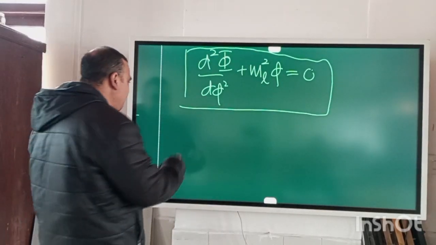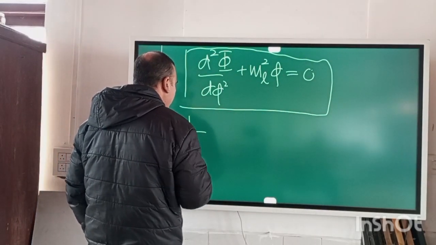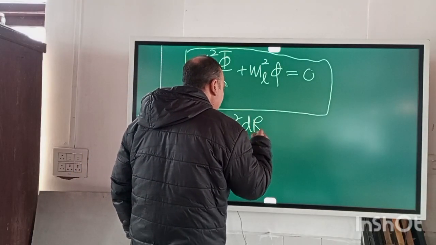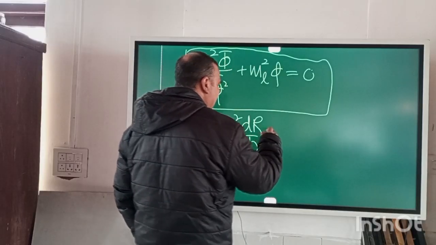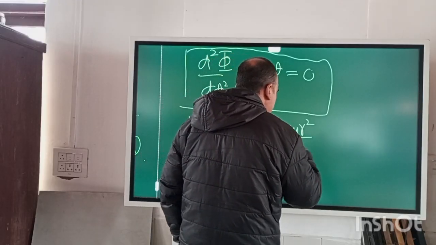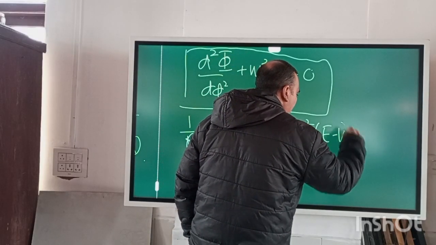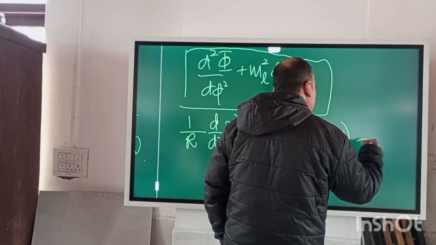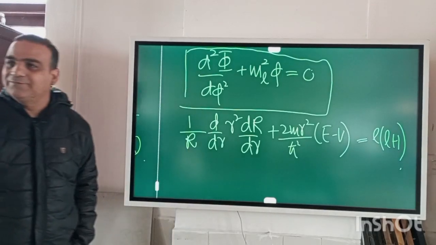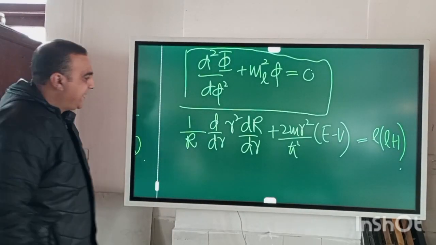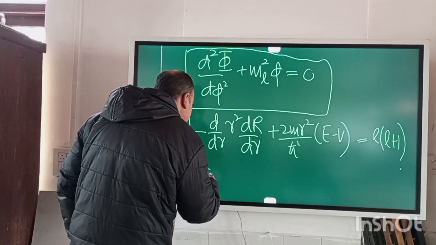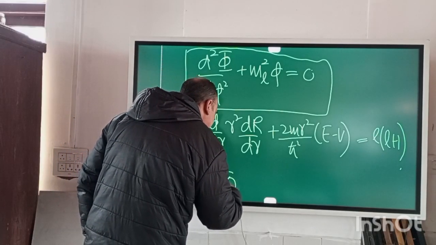The second equation is 1 by r d by dr of r square dr by dr, then plus 2m r square by h bar square e minus v is equal to L into L plus 1.